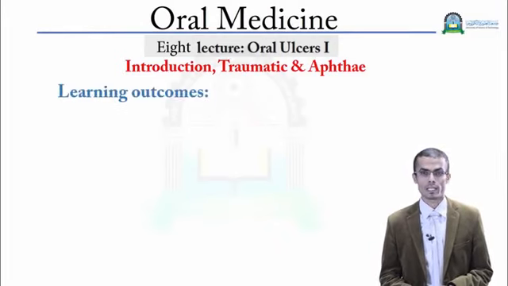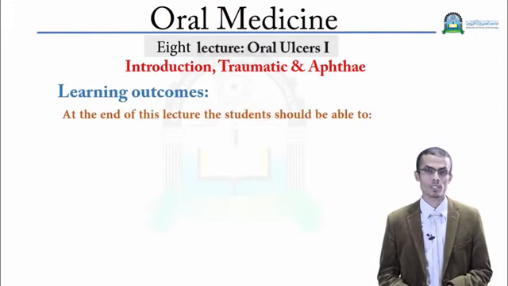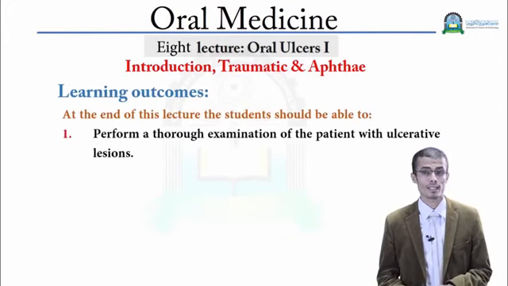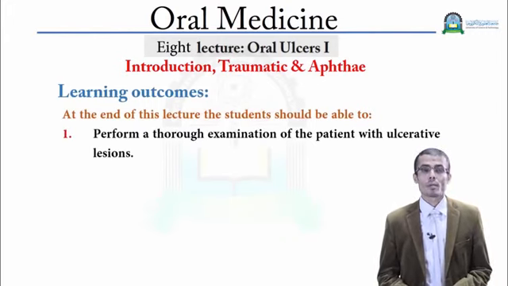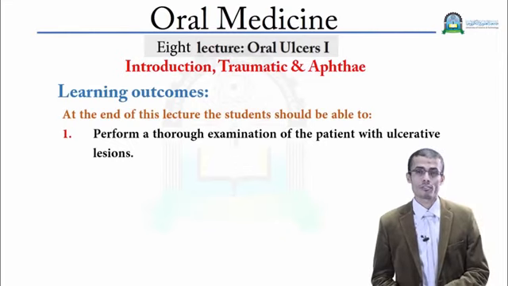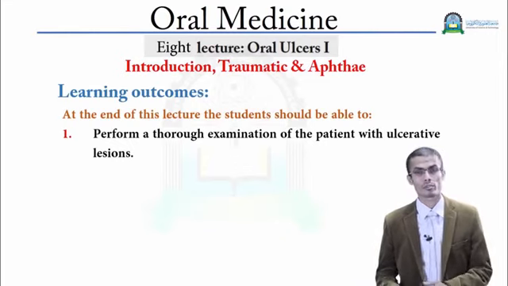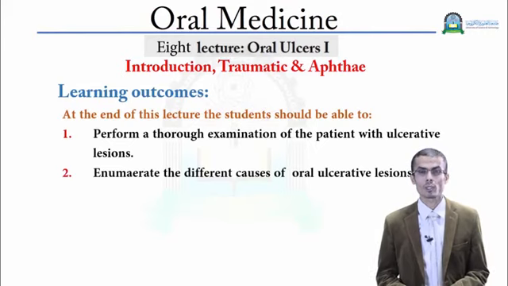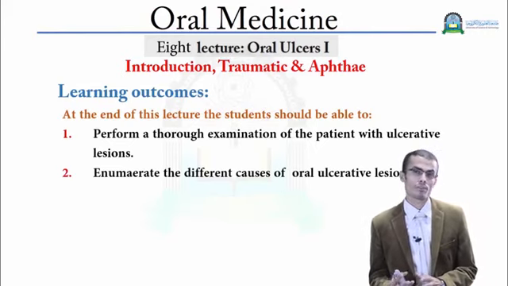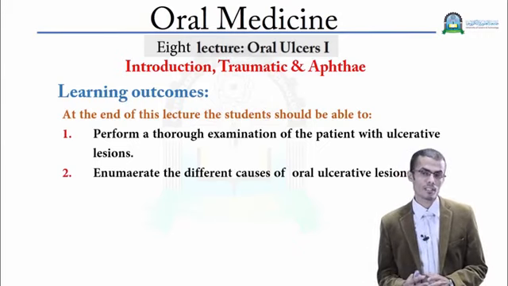The students, at the end of this lecture, which is the first part of oral ulcers, should be able to perform a thorough examination of patients with ulcerative conditions and enumerate the different causes of oral ulcerative lesions.